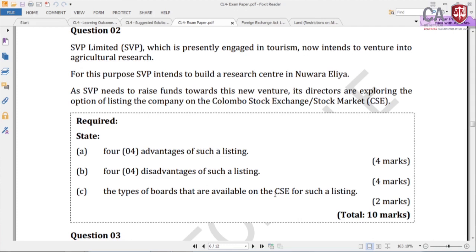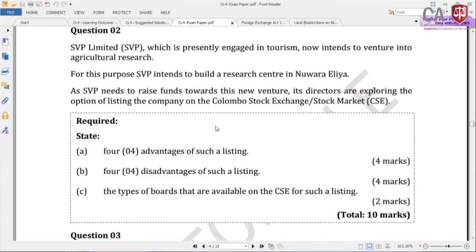When a private company or a public company, SVP Limited, is to be listed as a listed company in the Colombo Stock Exchange, what are the 4 advantages that SVP obtains by listing it in the CSE?